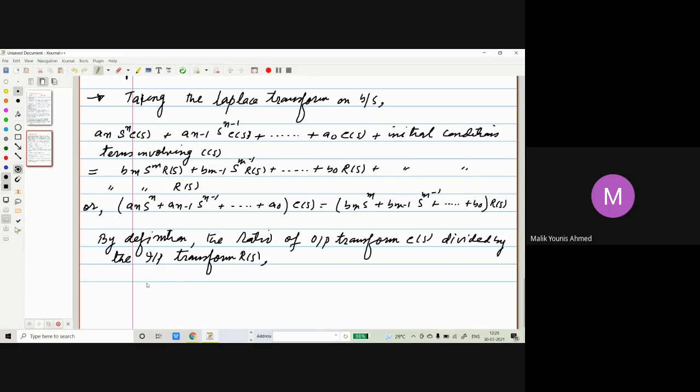So that will be C of S divided by R of S, which will be equal to what? We are bringing the R of S here, so Bm will be on the other side itself.